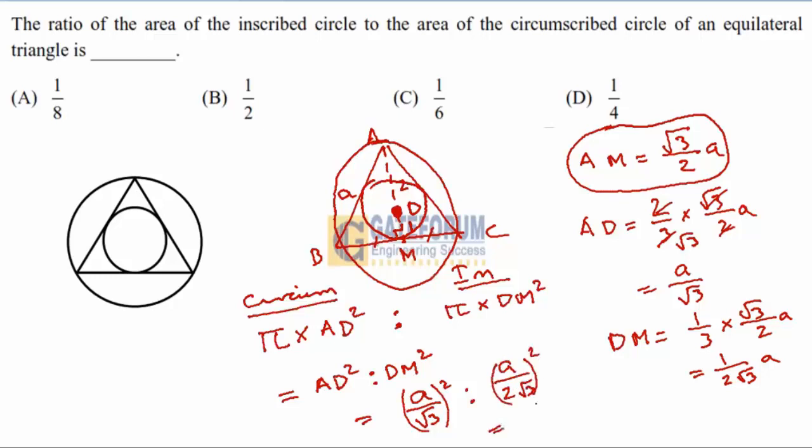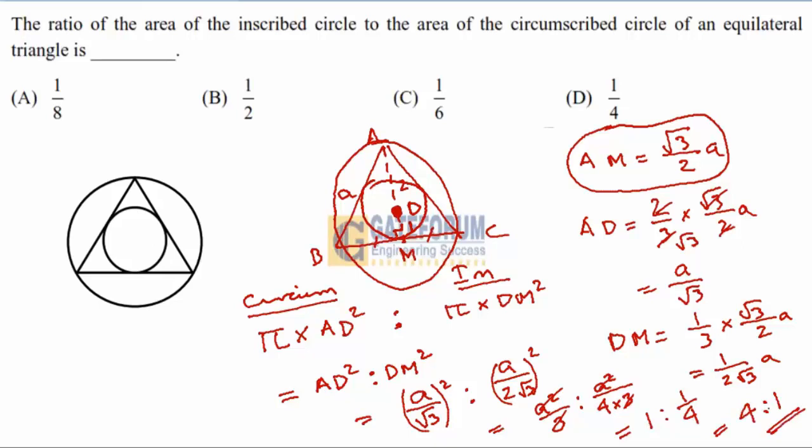That is equal to a square by 3 is to a square by 4 into 3. So a square cancels, 3 cancels. So the ratio is 1 is to 1 by 4. That is equal to 4 is to 1.